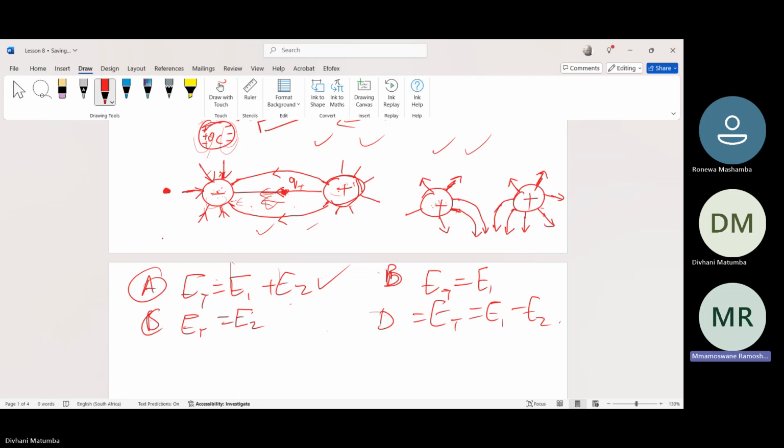You're talking about the second diagram? No, on the first diagram. If I analyze the electric field in this position, which formula am I going to use? A, B, C, or D? I think you're still going to use A.